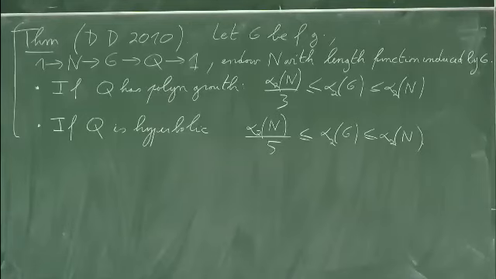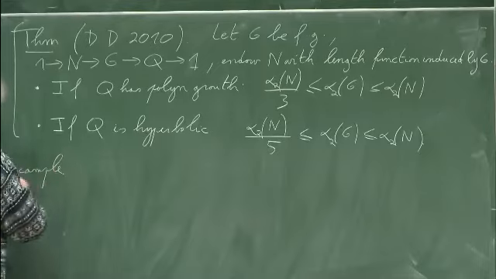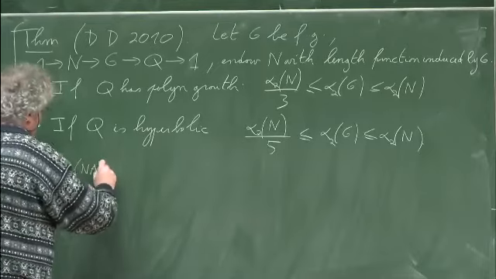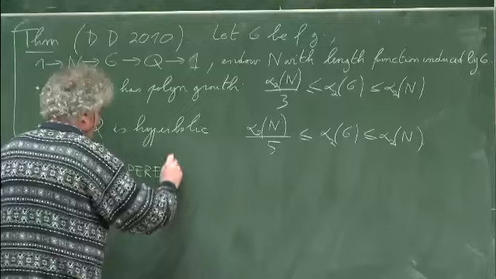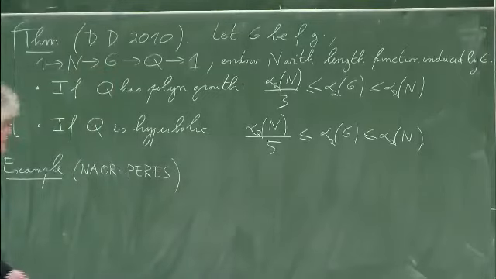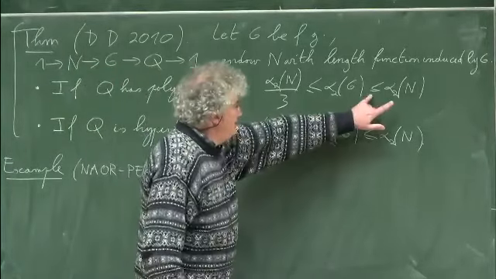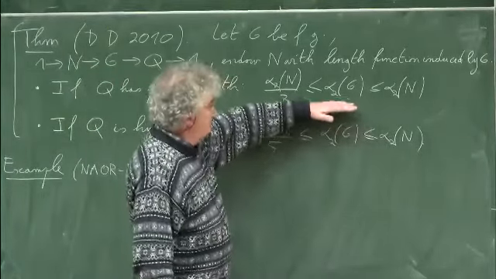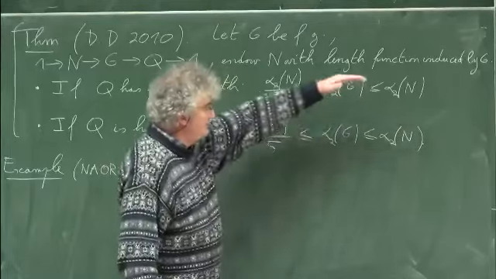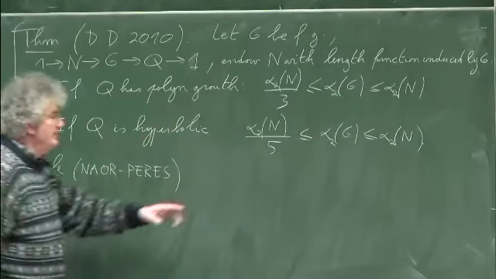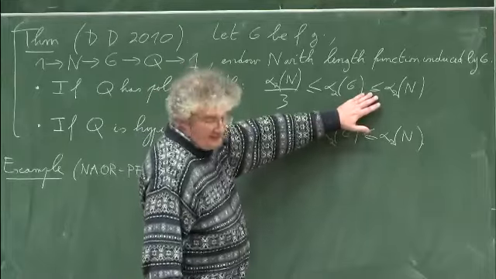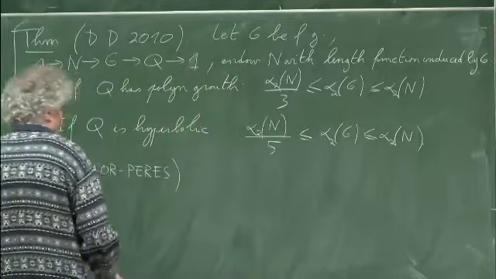And maybe let me conclude by recalling an example by Naor and Peres, which shows that the obvious bound that alpha 2 G is less than alpha 2 N, this upper bound, may happen that here we don't have an equality.